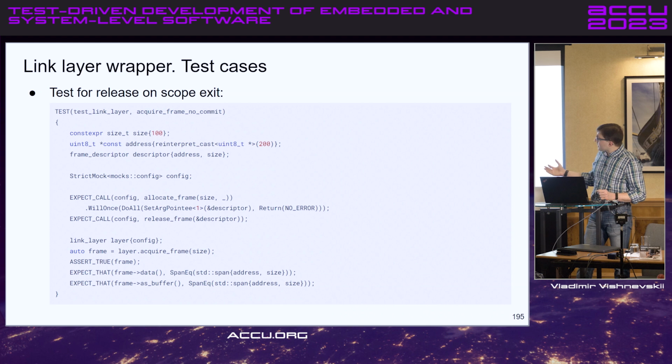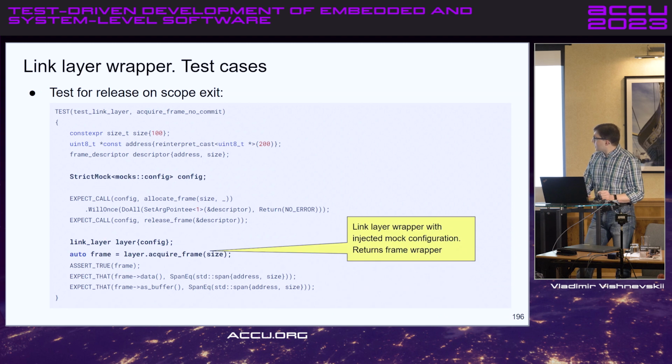Anyway, if we are using compile-time substitution, we can have our link layer implementation with an acquire frame method, which returns the frame descriptor that will control the acquired frame, and we inject the configuration the same way as we discussed before.